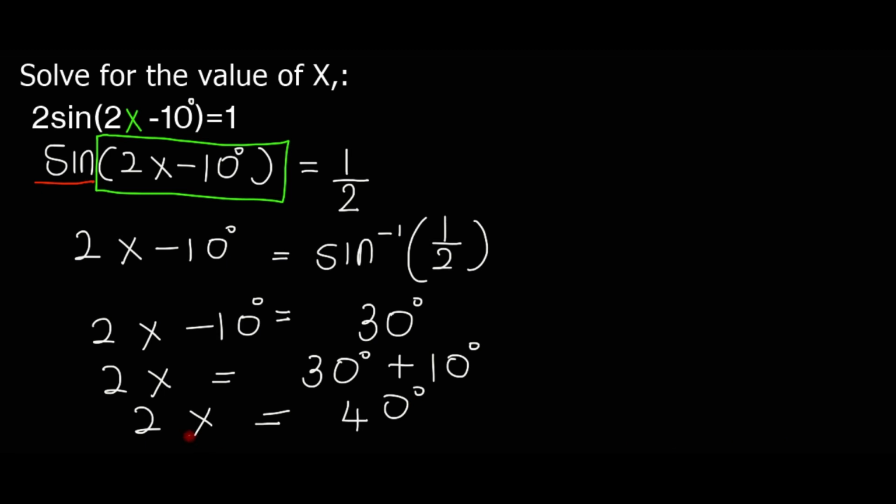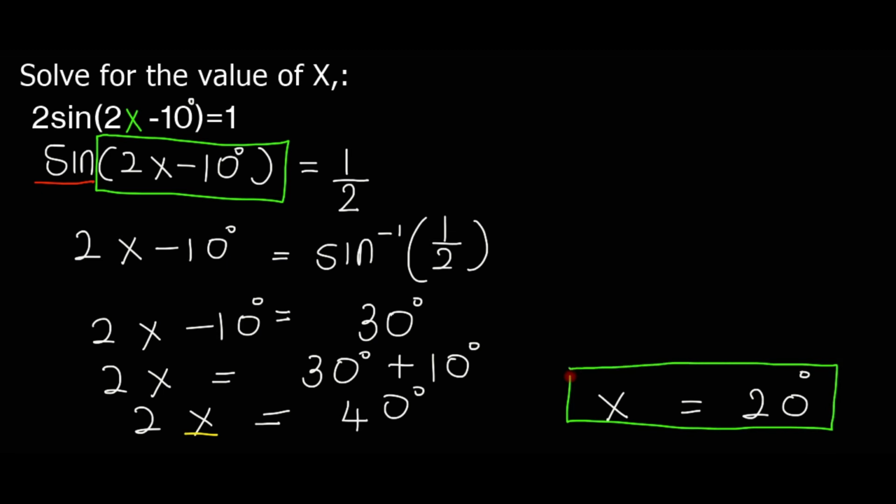And then now because re nyaka the value of x, re la to divide both sides ka 2, so re la gore x is equals to 20 degrees, because 40 divided by 2 ke 20, so ke final answer. And that's it for this problem.